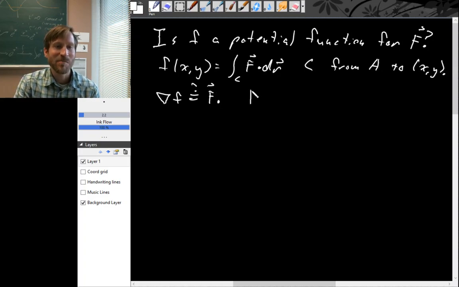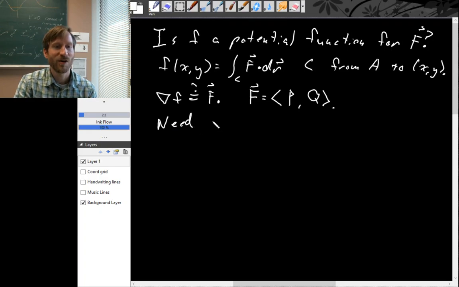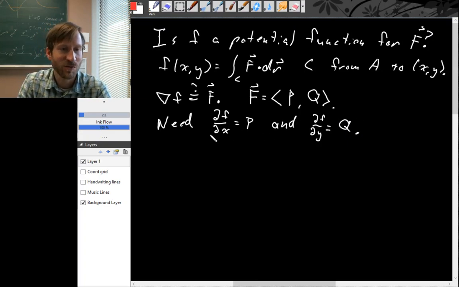Well, just to name everything in sight, let's say that capital F is P comma Q. So P and Q are both functions of x and y. And to check if the gradient of little f is capital F, we need to know that partial f partial x is equal to P, and partial f partial y is equal to Q. So let's focus on just one of these.